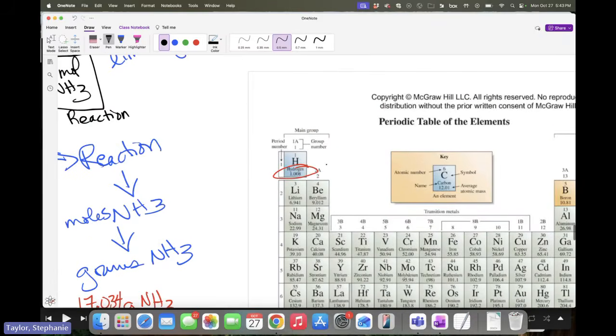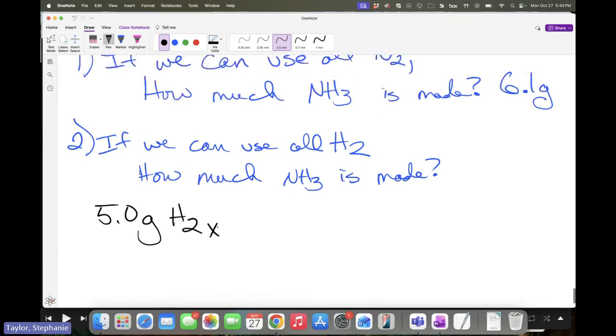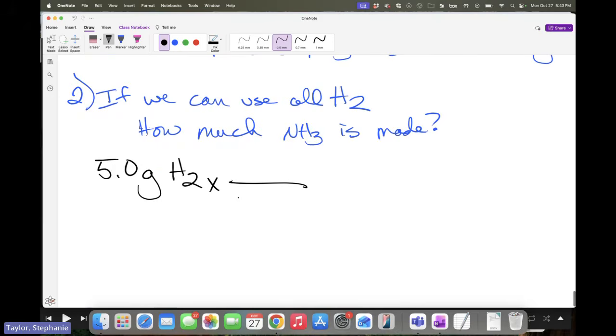And there's what, 1.008 times 2, because there are 2 atoms of hydrogen. So we're going to divide. 2.16. This is the reason why I keep a calculator next to me. And 1 mole of hydrogen. So we are going to, again, divide.